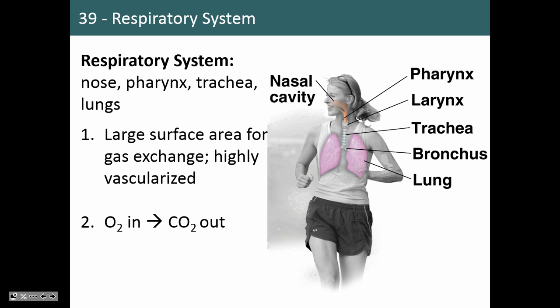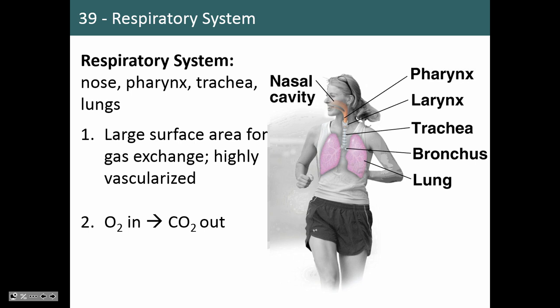So in our mammal system, we bring oxygen in through the mouth and the nasal cavity, into the pharynx, down to the larynx, into the trachea, and ultimately out to the lungs, where we have a large moist surface area for gas exchange. We have simpler versions of this in other organisms as we build our way up to this highly vascularized, really efficient system.